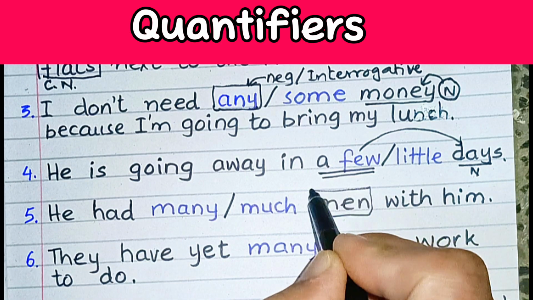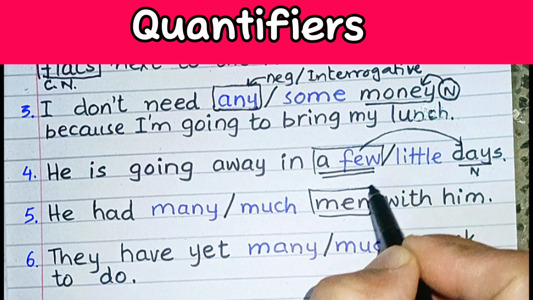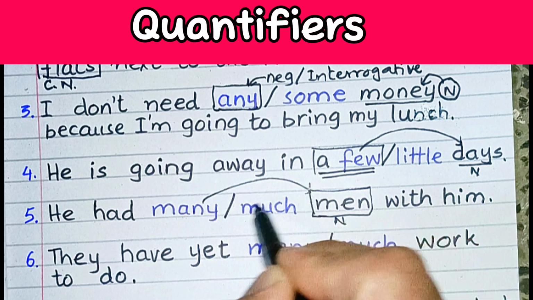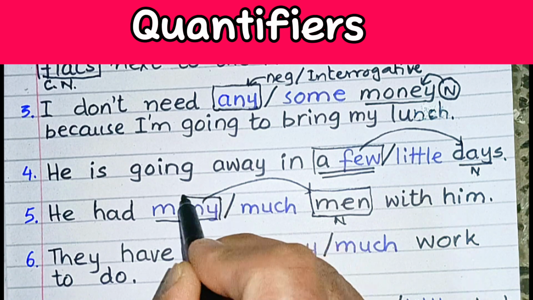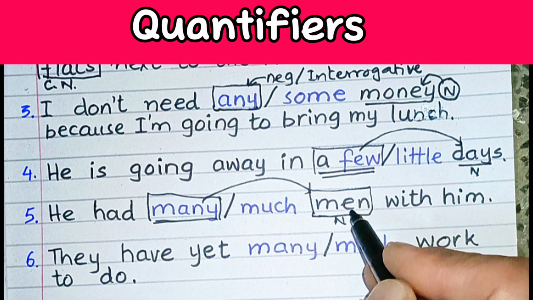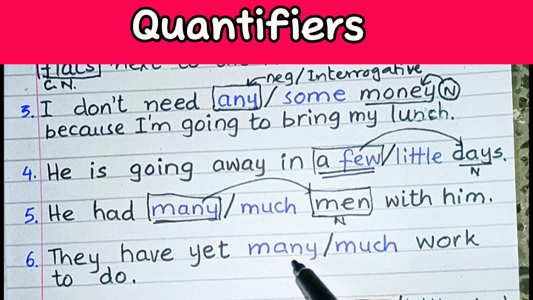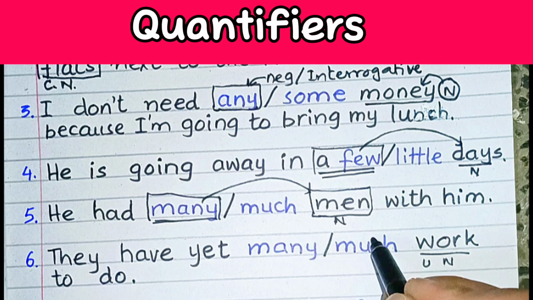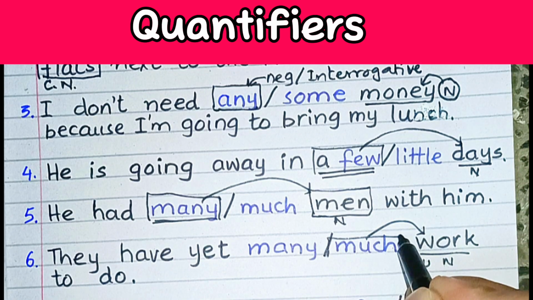Men is a noun that can be counted, so many is going to be the right option. They have many or much work to do. Work is a noun that is uncountable, so much work is the right option. So much is going to be the right quantifier.